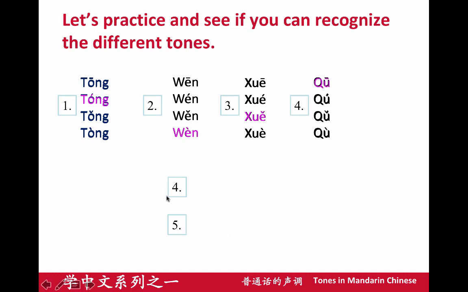And then for number 4 and 5, because they are multisyllabic words, you can write down the tones on a piece of paper and then come back to check the answer. Number 4, 牛仔裤, 牛仔裤. Number 5, 香蕉皮, 香蕉皮.